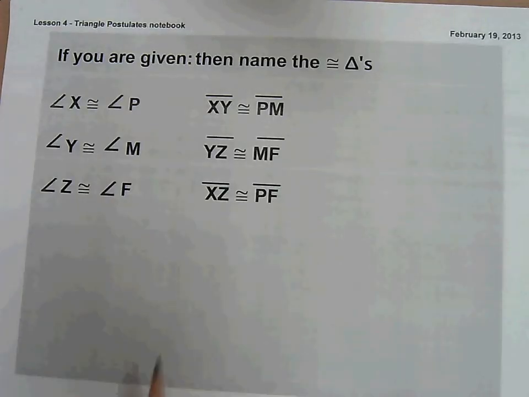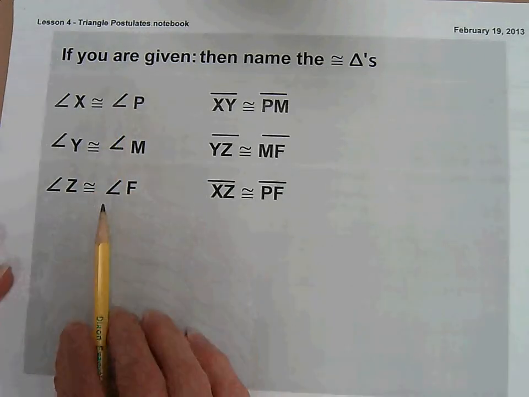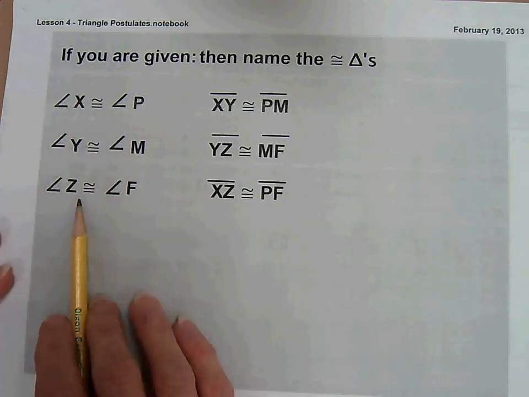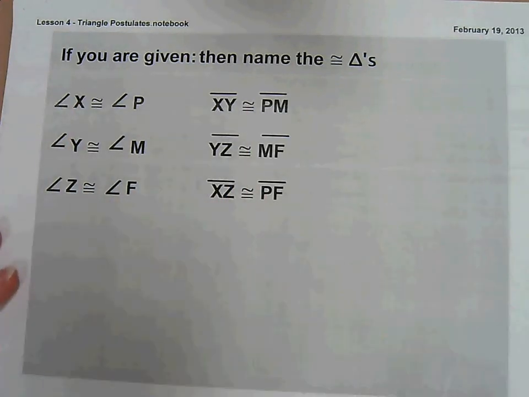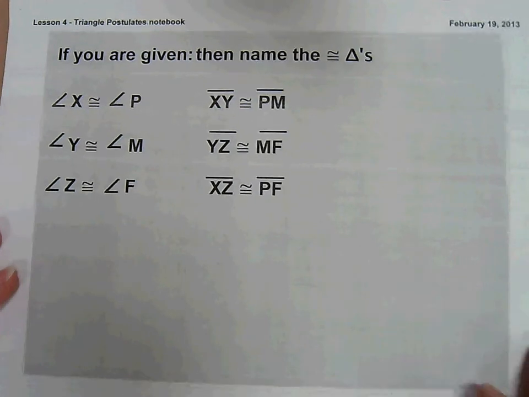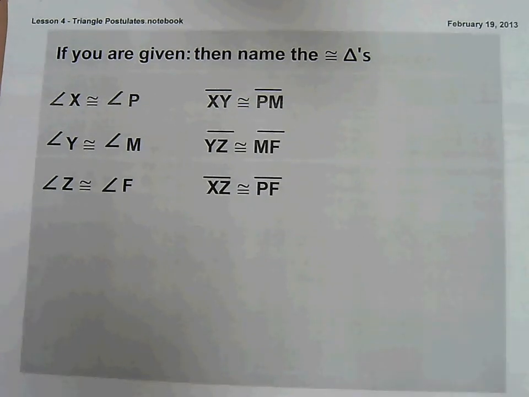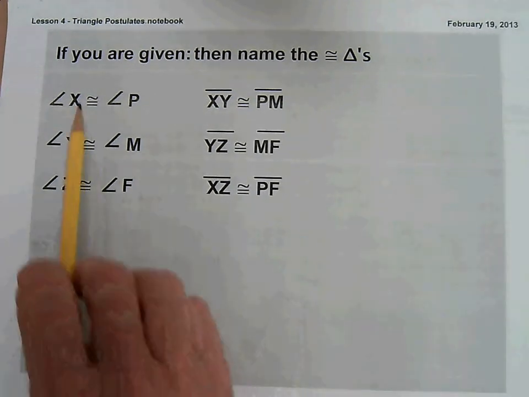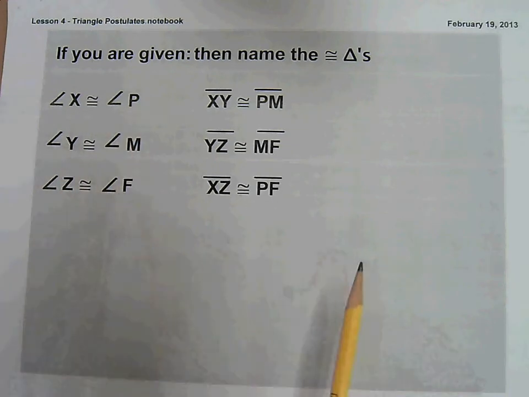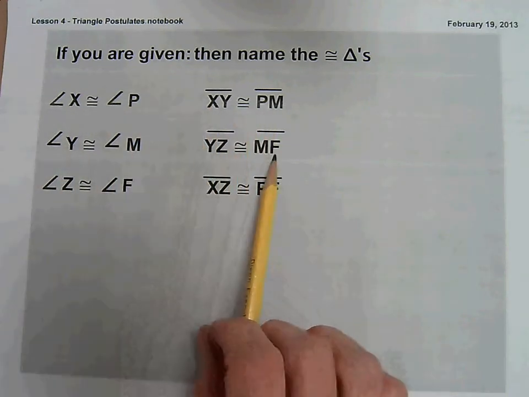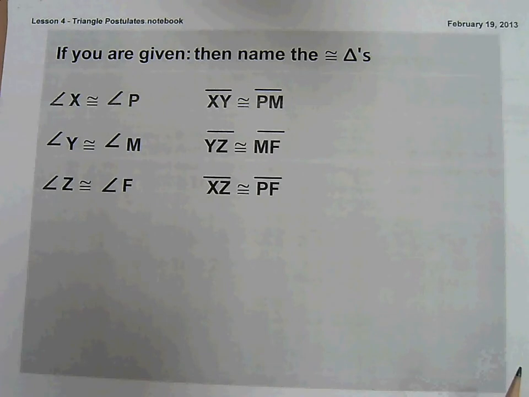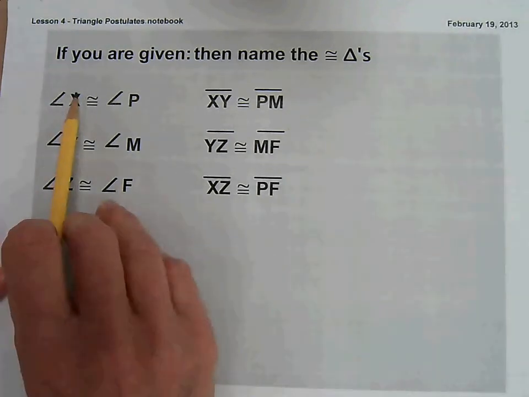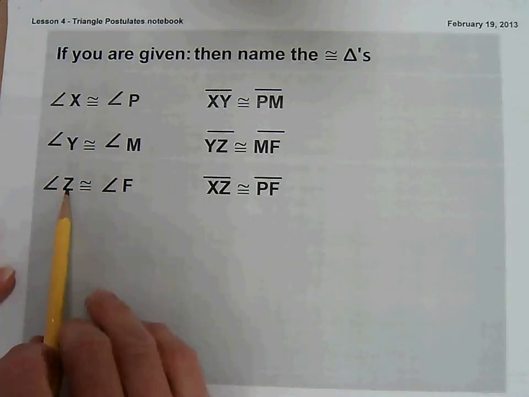Okay, say you were given this set of congruent statements. Here are the angles that are congruent, and here are the segments that are congruent. How would you know what the name of the triangles are? Well, we've got all the vertices here with the angles, and we've got all of the sides here with these line segments. So, let's see, it looks like we're going to have triangle XYZ.